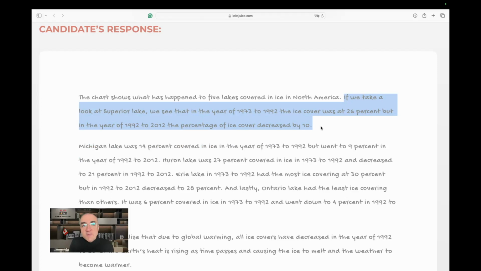I am not a fan of giving very detailed information in the introduction. This is detailed information. When you come up with numbers, that is rather detailed for the report. So I preferred something like, Lake Superior was the one that had the most significant change in the survey. And that sentence would be enough.